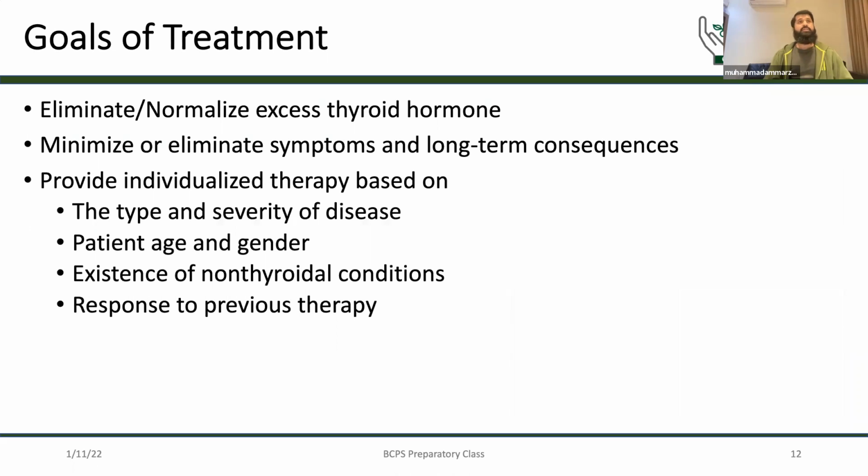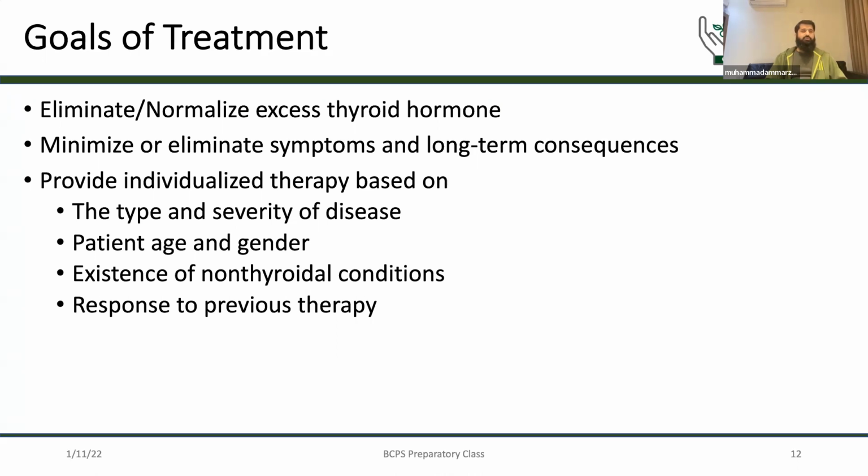So what are the goals of treatment in hyperthyroid or hypothyroid disorders? We want to eliminate thyroid hormone if it is in excess, and we want to normalize it if it is below the normal levels. We want to minimize or eliminate symptoms and long-term consequences. And we want to individualize the therapy based on the type and severity of disease, patient age and gender, and existence of non-thyroid conditions.